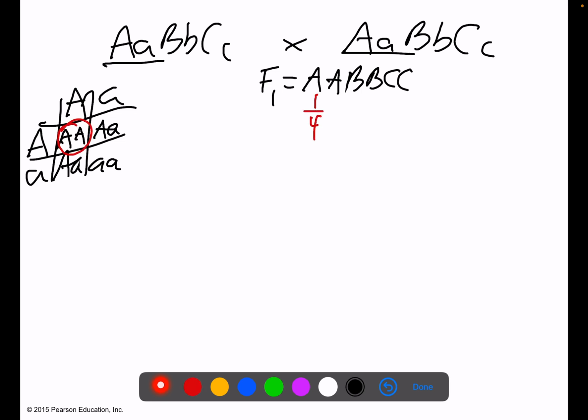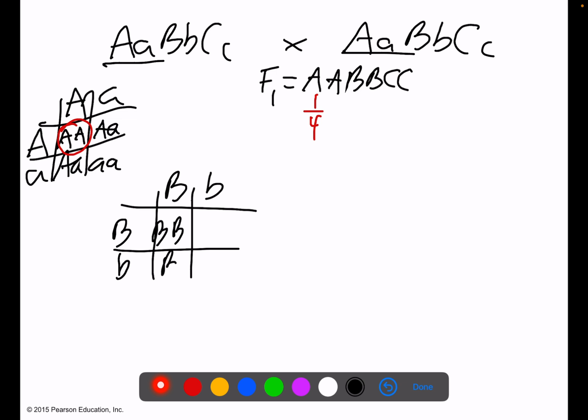And then we can do the B's separately. And we can ask, okay, what are the chances that we'll have a child that's little b, little b? Looks like there's 1 out of 4.